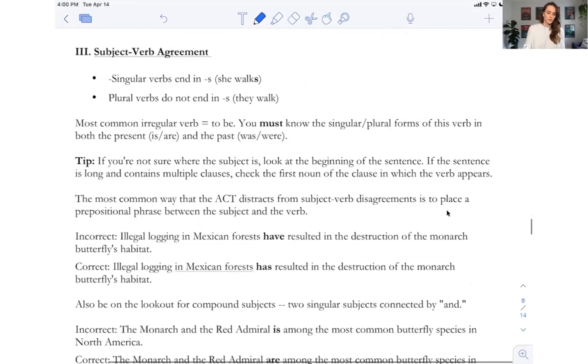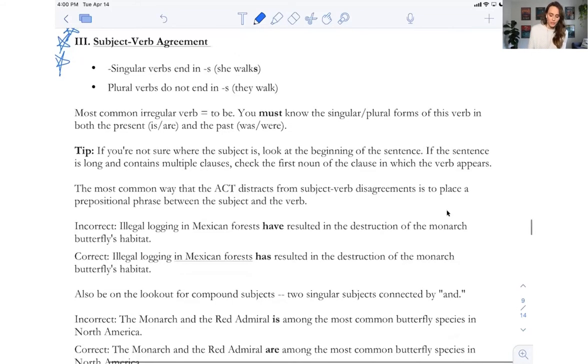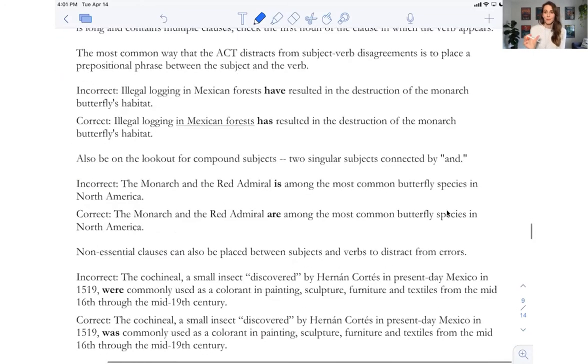Subject-Verb Agreement. So this you can give like 10 stars because it's a guarantee for you for test day. In order to make these questions a lot easier for yourself, you are going to want to set off the prepositional phrases, eliminate them, cross them out before you pick the verb.